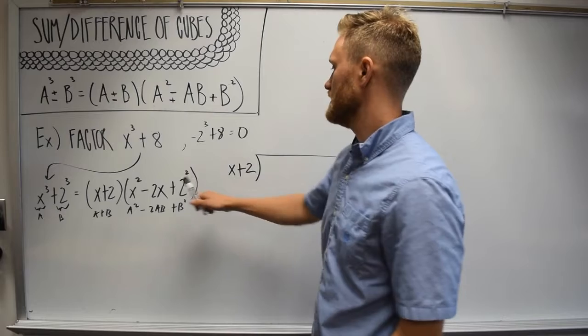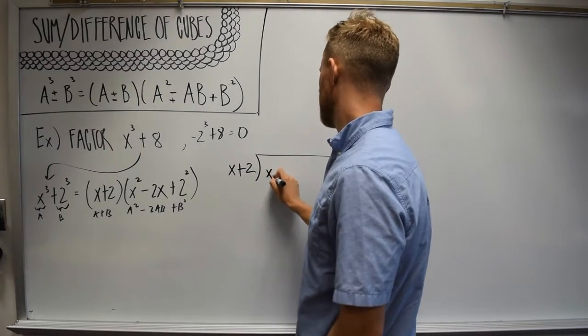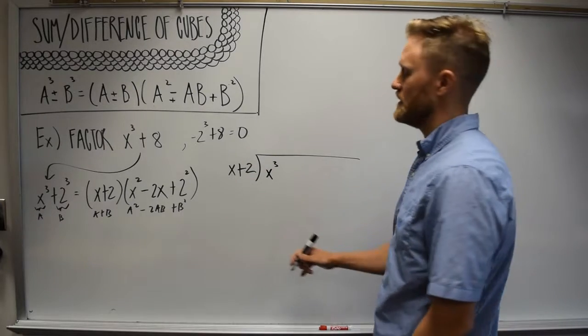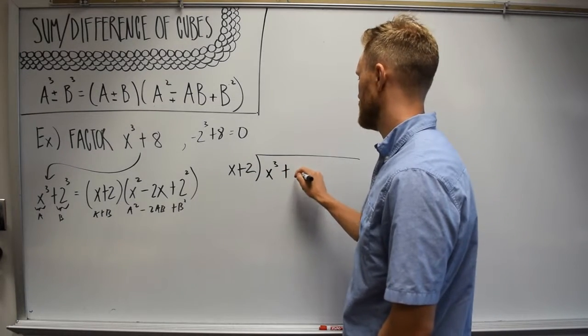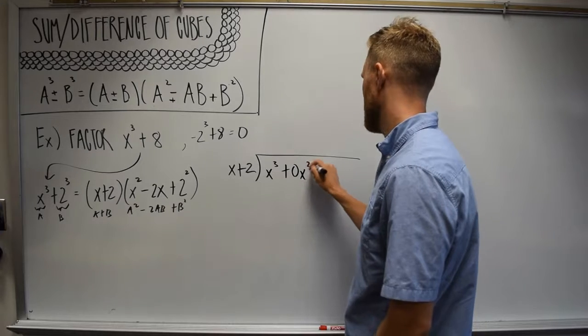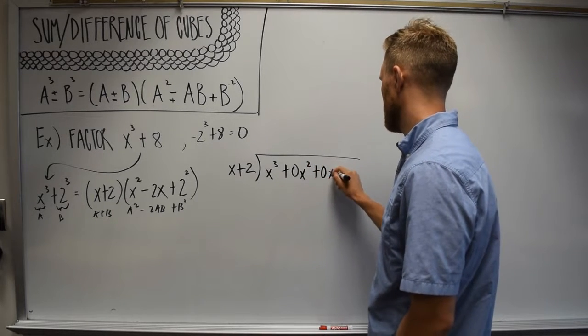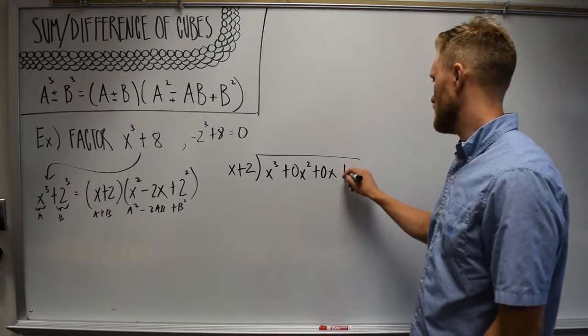So here I'm going to write x cubed. Remember, when we do long division, we have to keep all the placeholders in there. So we don't have an x squared term, so I'm going to write this as 0x squared. We don't have an x term, so I'm going to put a placeholder as 0x, and then plus 8.